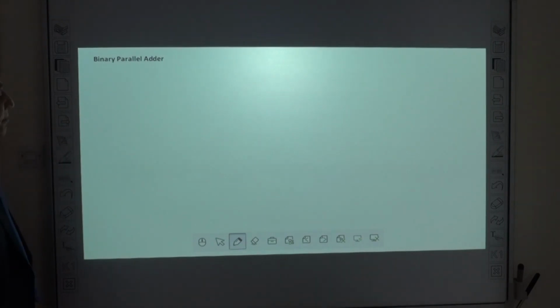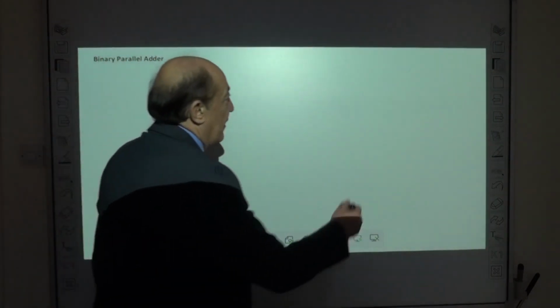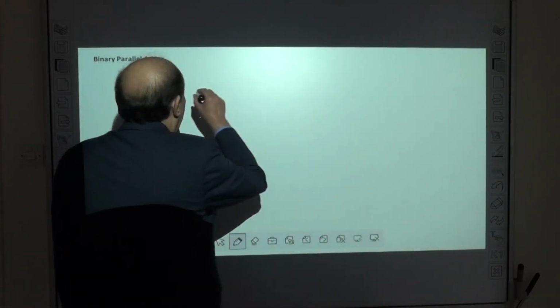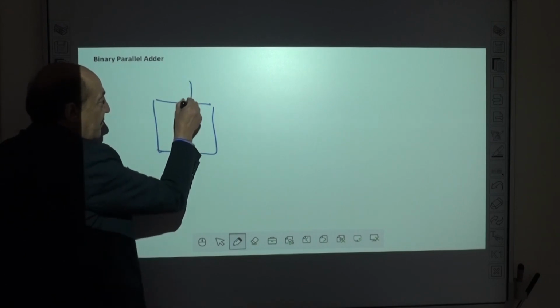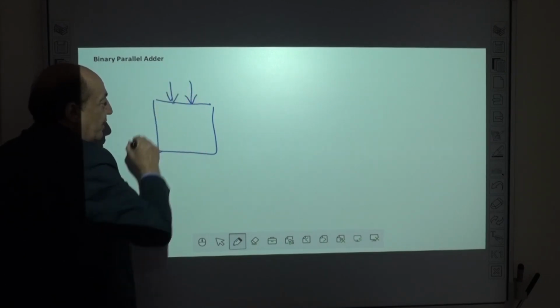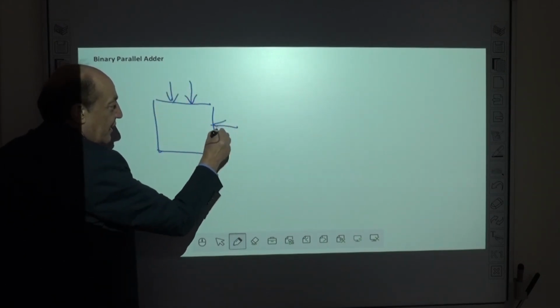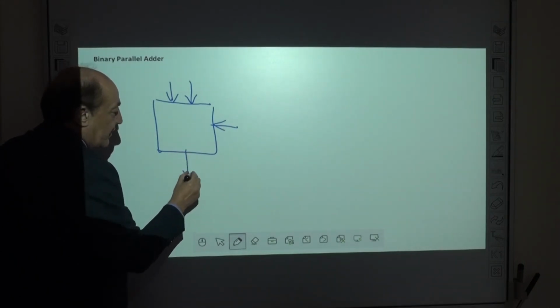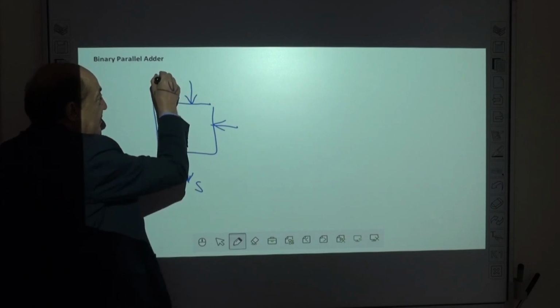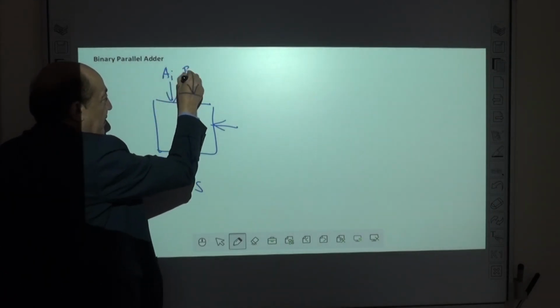Now, binary parallel adder. This is the circuit of a full adder, capable of adding 2 bits with a carry and generating the sum. This is bit Ai, Bi.